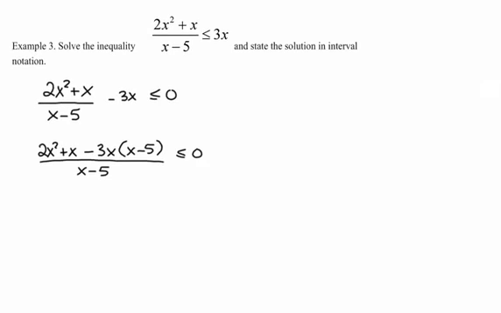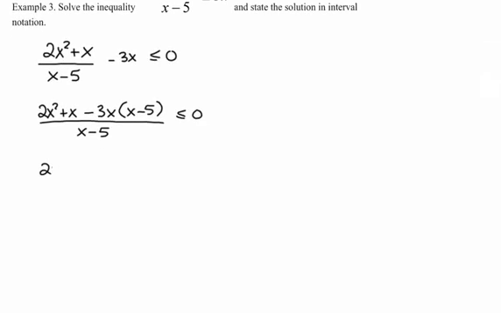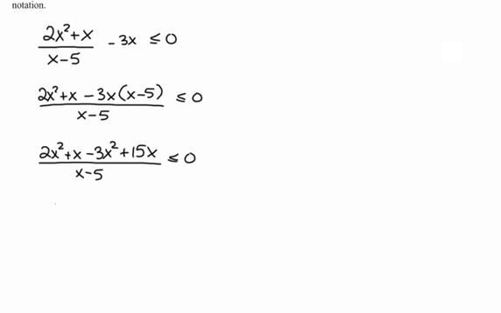And let's simplify this. 2x squared plus x, and we'll bring in the negative 3x, minus 3x squared plus 15x. And see if we're going to need to factor here, but collect like terms. The negative x squared and plus 16x over x minus 5.